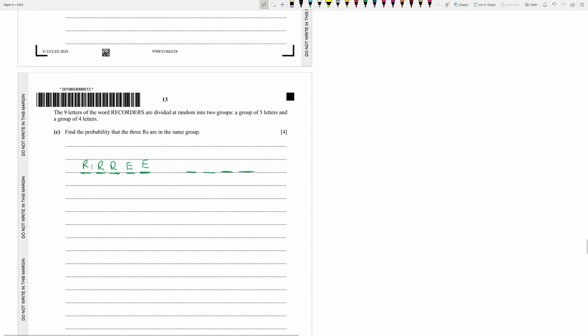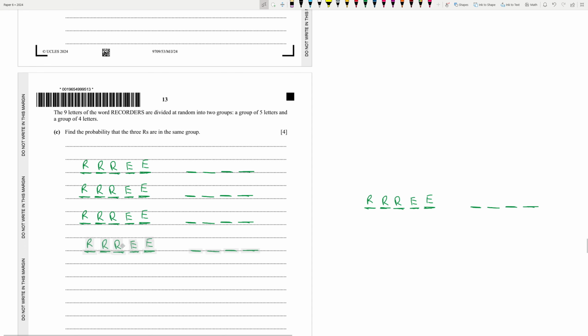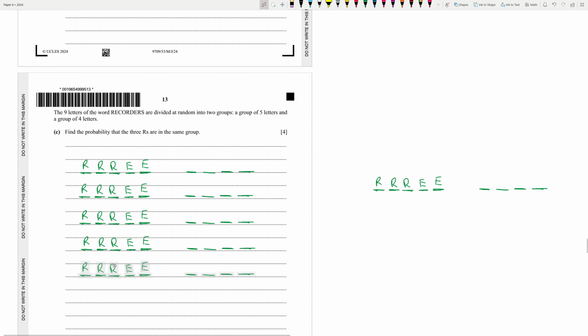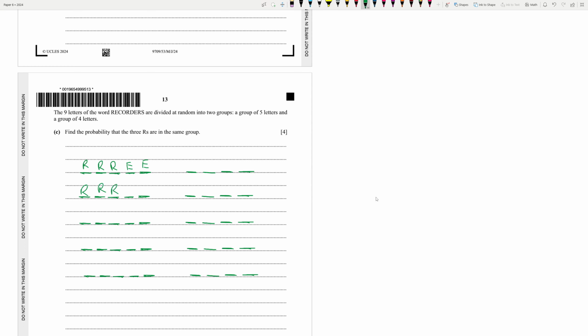Then what else? Like 3 R's are in this group with 1 E. 3 R's are in this group without any E's.